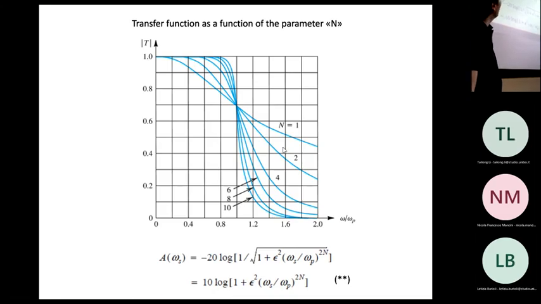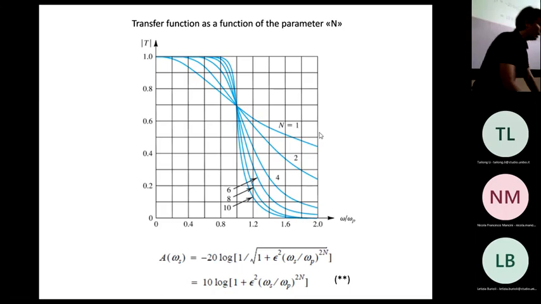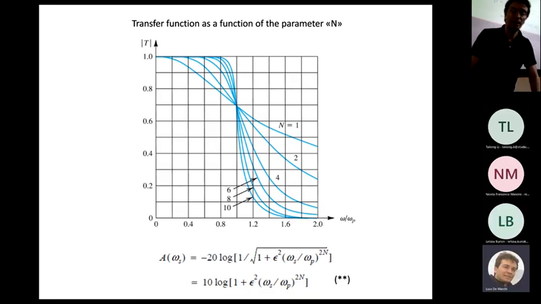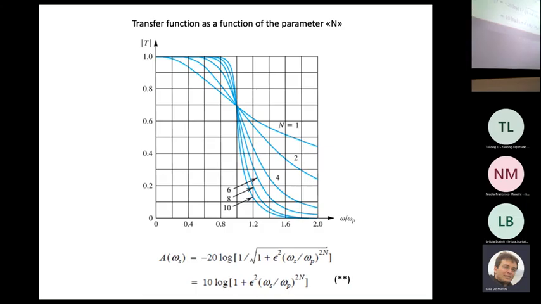How to do that? Well, if you remember, the specifications you have are related to omega sub p, which is the limit of the passband region, omega sub s, which is the limit of the stopband region, and the parameter A max that we have already used, and A min, which is the minimum attenuation that you have in the stopband region.